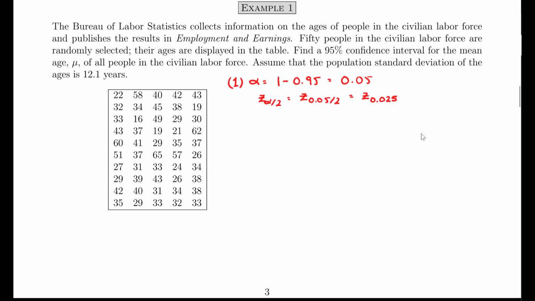Then we're going to go to the table and find the z-score that corresponds to 1 minus 0.025, which is 0.975. So we look for 0.975 in our z-table.